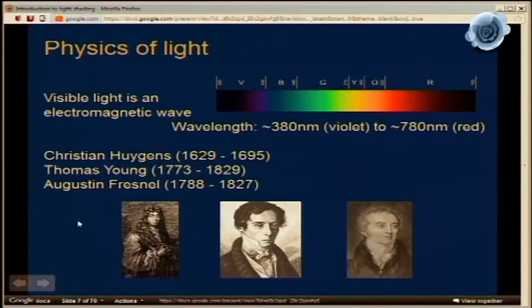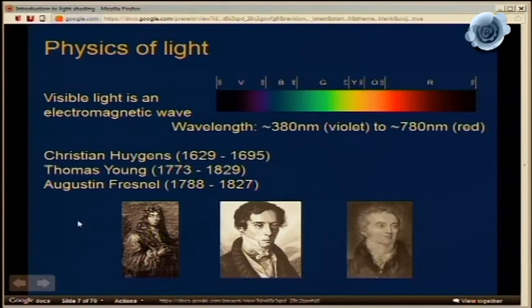Light is thought to be a wave, an electromagnetic wave. And that means that light is only a very thin part of the electromagnetic spectrum, along with microwaves, radio waves, X-rays, and gamma rays.